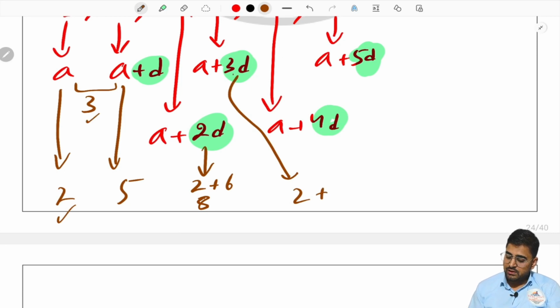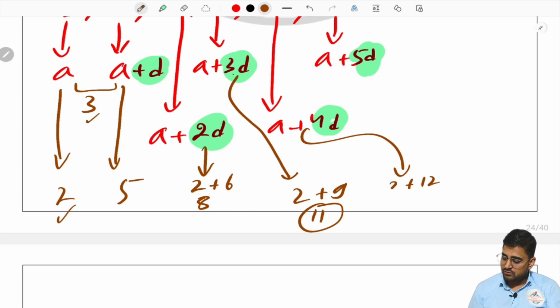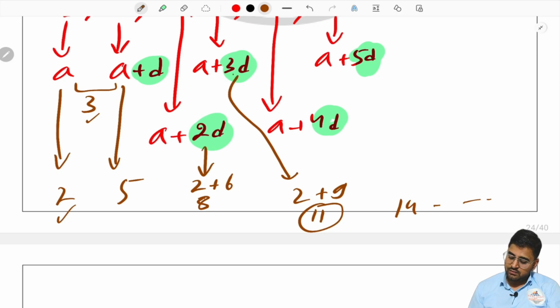We multiply 3 into 3, which is 9, so it is 11. For the fifth term, a plus 4 into D, 4 multiplied by 3 is 12. a is 2 here, so it becomes 14. That's how things get calculated.